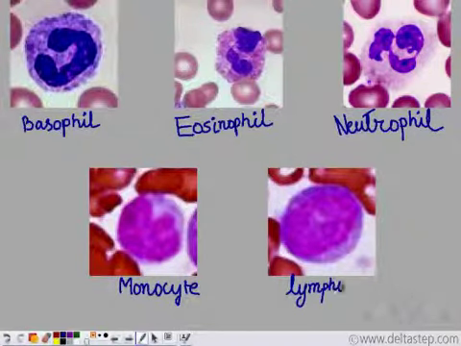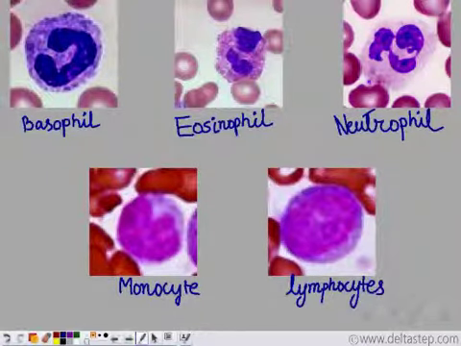See, the lymphocytes do not have a lobed nucleus. So these are the 5 different kinds of white blood cells that are present in the body and provide protection against various infections that invade our body.